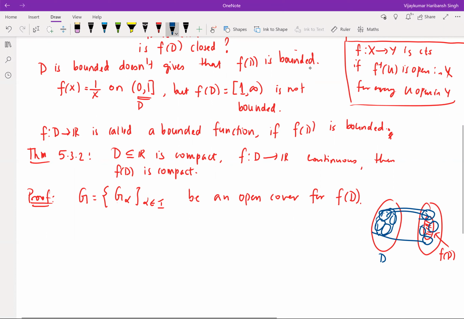Okay, so that's the idea. All right, so let's try to write down this idea. We want to show that G admits a finite subcover.